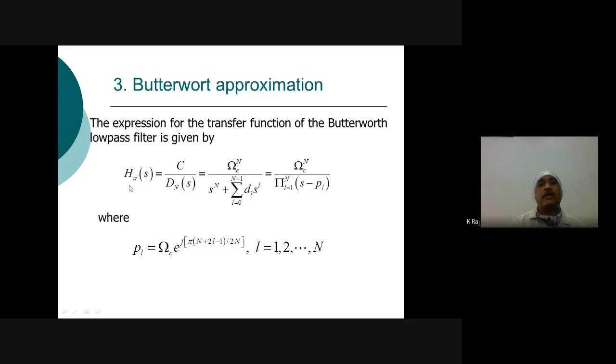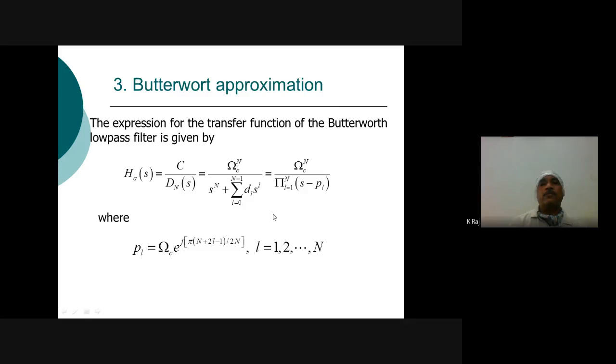Now we can describe H(s), that is the transfer function of our analog filter, and this will be described by this formula, omega_c to the power n divided by the product of s minus p_l, where l starts from 1 to n.